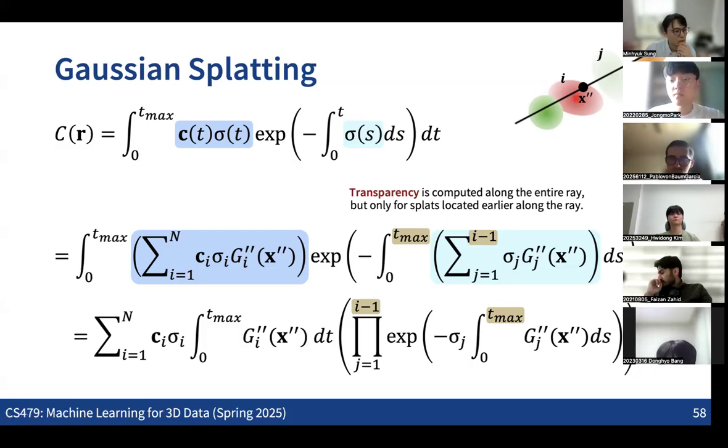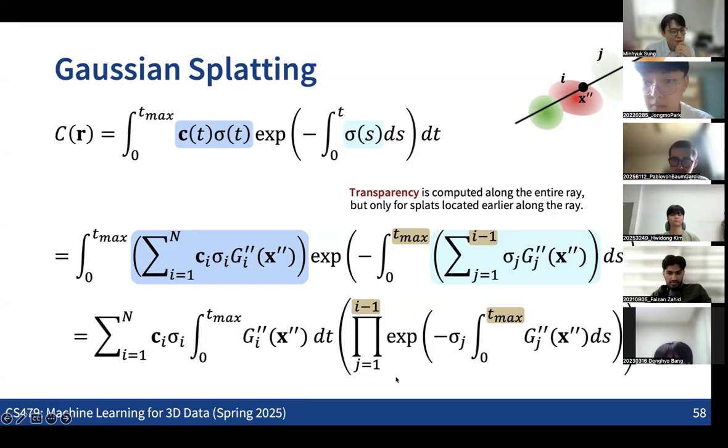So from here to here, while we take the integral over the transparency term for the entire range of the ray, we only consider the kernels in front of each Gaussian kernel, as those are the ones that determine the transparency. After this conversion, we also take the summation out of the exponential term, so the summation becomes a product of exponential terms. We can also take the whole terms out of the summation like this, so we have this formulation.